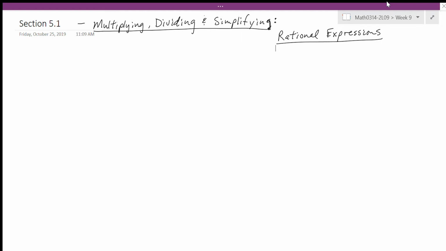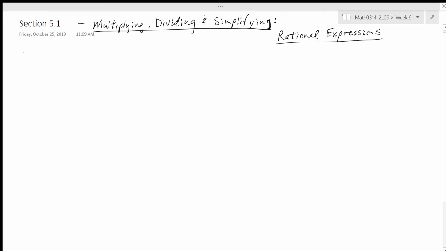All right, here we go. Let's start with problem number 3. And everybody knows how to tell that that is a rational expression.